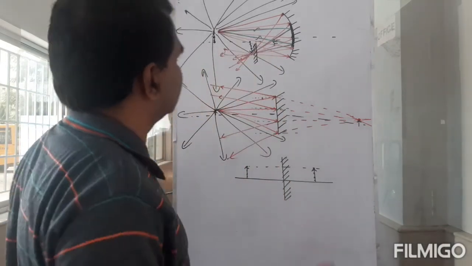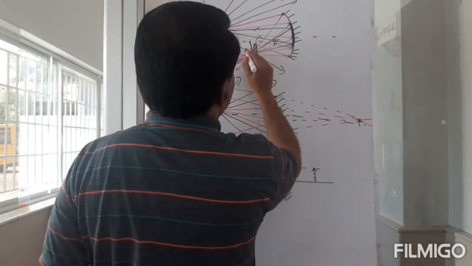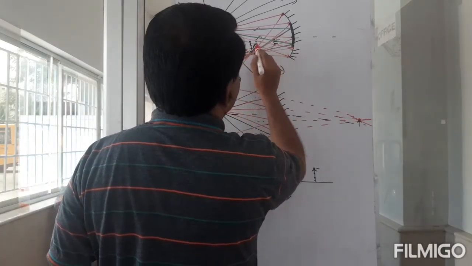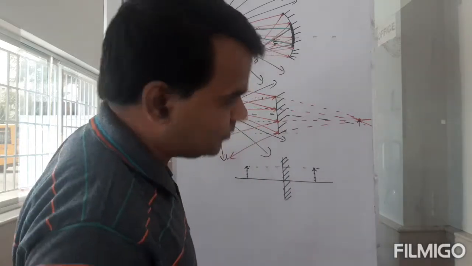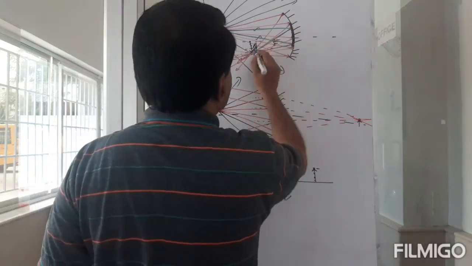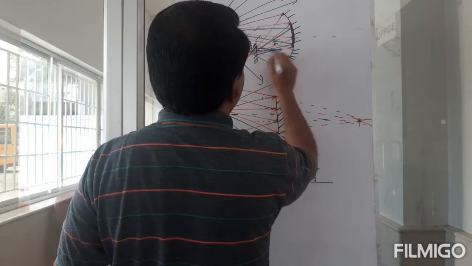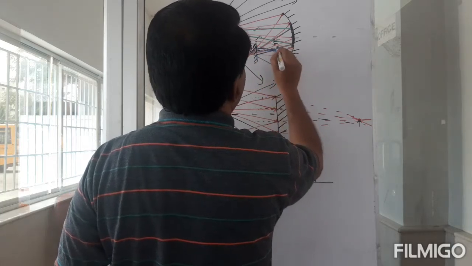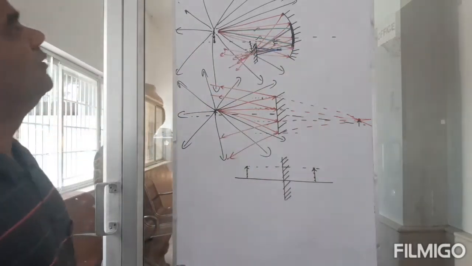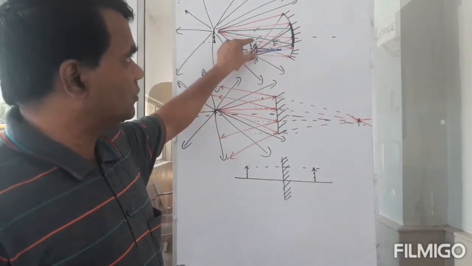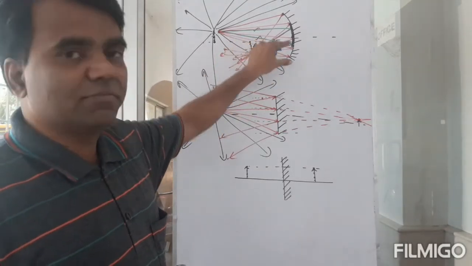What is going to happen is that the law of reflection will be obeyed. You see, I'll use a different color. This line will get reflected there, just like that. So you see, now you get a real image out of the plane mirror.